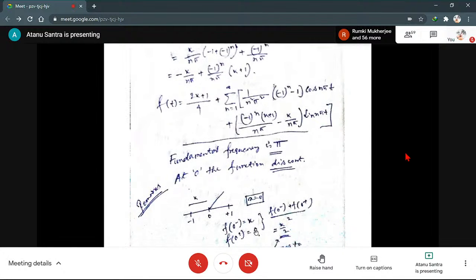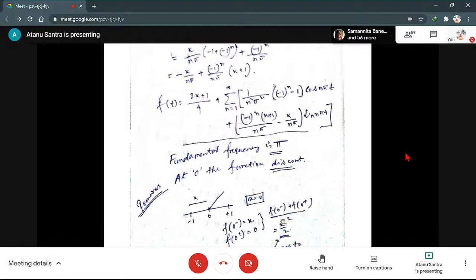Okay, so we can say that at the point t equal to 0, I am repeating again, the functional value of f(t) will converge to k/2.